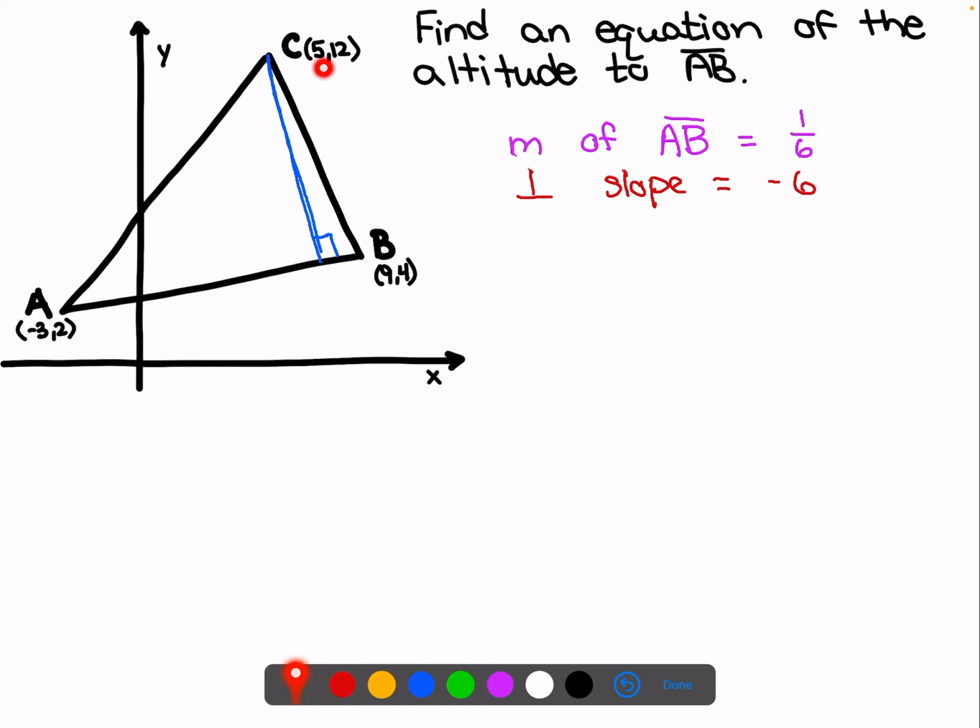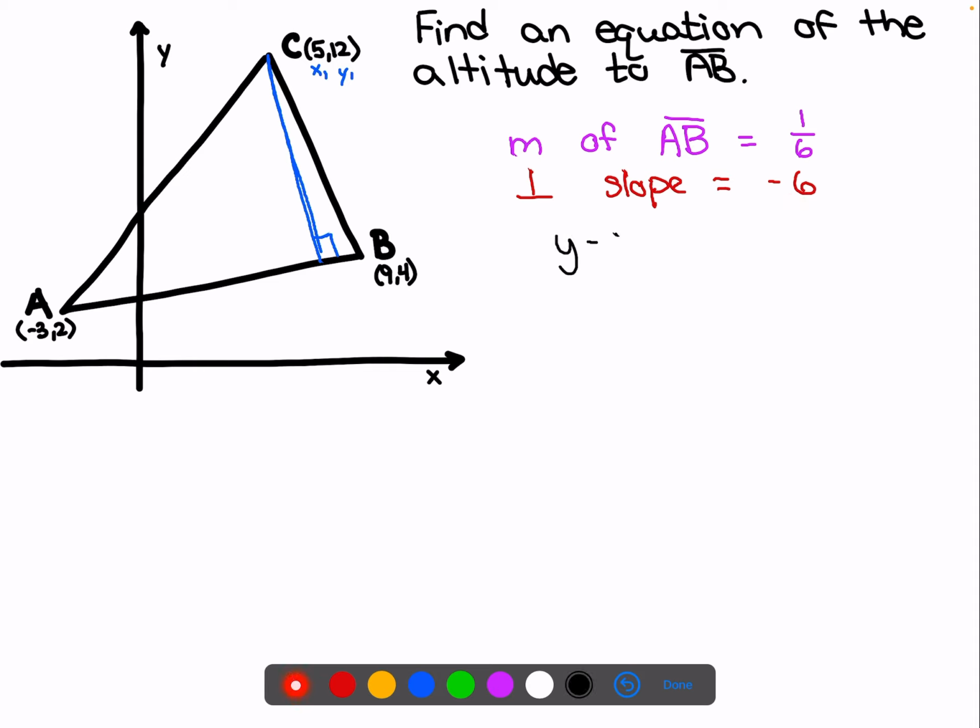I still have a point that goes through this line, 5, 12, point C. So I can use that as x1 and y1. This will lead us to point slope form because I have my point C, and I have my slope, -6.